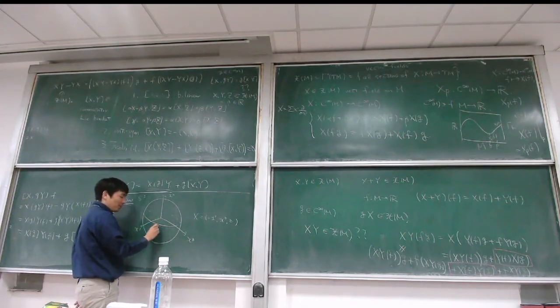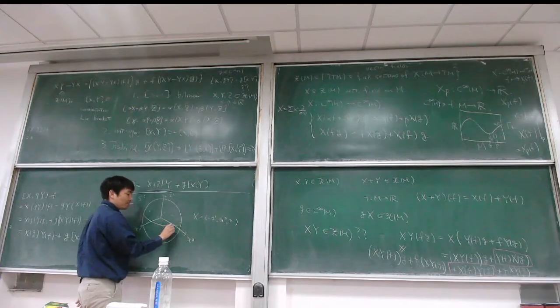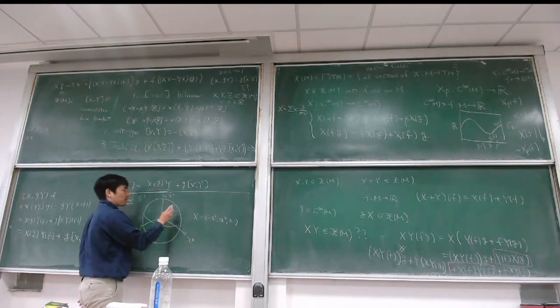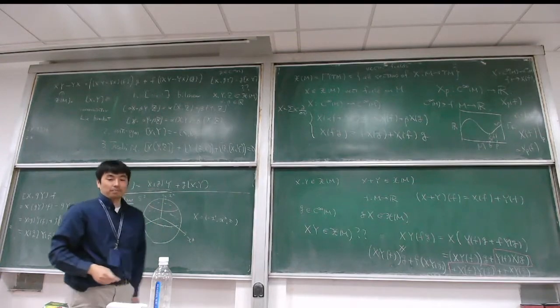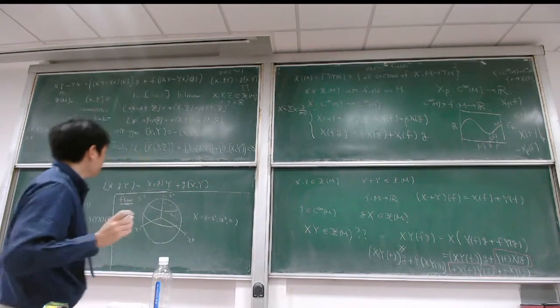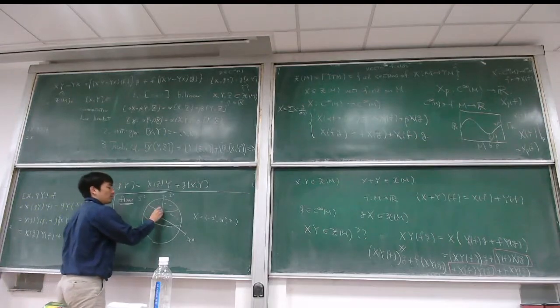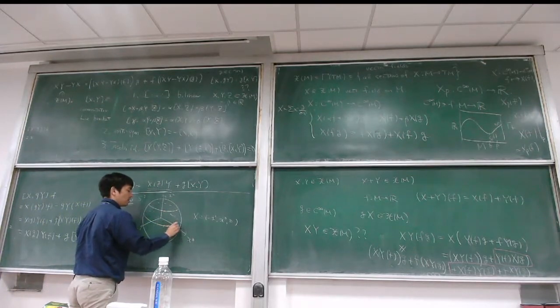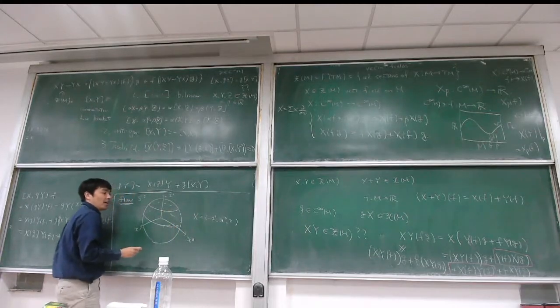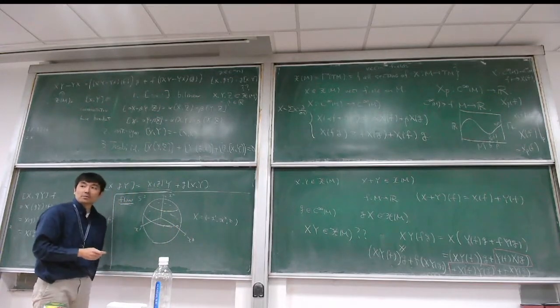So the vector field looks like this. What is the zero of this vector field?